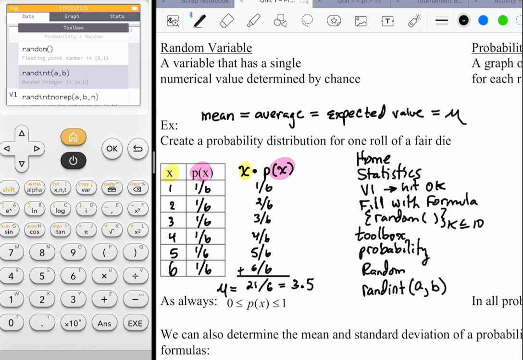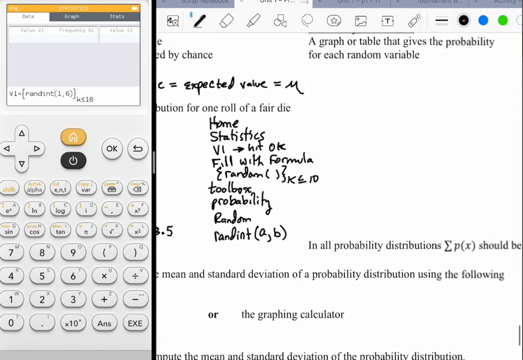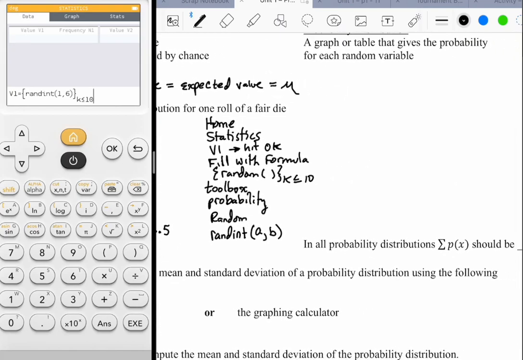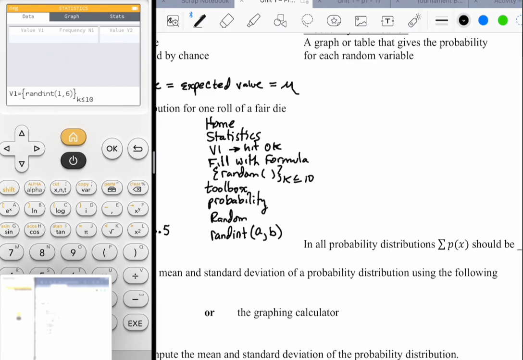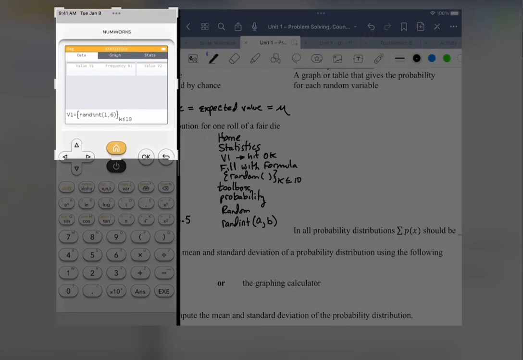You might prefer to just bring a die with you and roll it 100 times. Right, so select that, hit OK, and now I'm going to put in a 1, 6. All right, so this is in the NumWorks screen. This is what should appear.